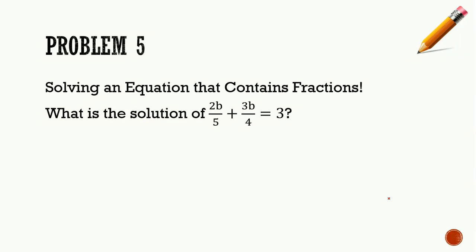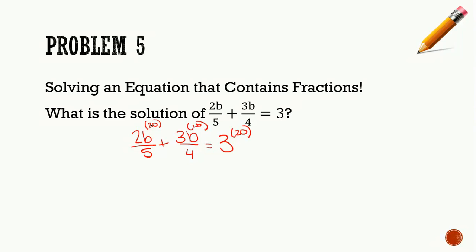Let's try another problem like this, because I know these are hard ones. So I have 2b divided by 5 plus 3b divided by 4 equals 3. So find the number that 5 and 4 both can divide into. 20, right? So I can multiply everybody by 20.